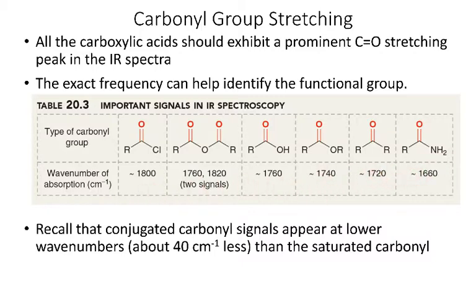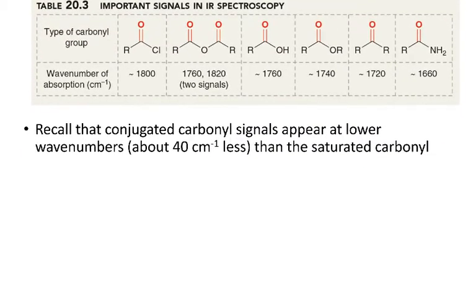Another thing to remember with this carbonyl signal is that when it's conjugated, it tends to show up at a lower frequency. As an example, if I had this ketone, we would probably expect it to show up somewhere around 1720 wave numbers.